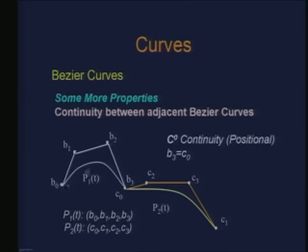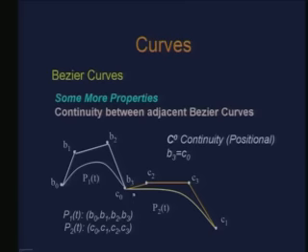So, this defines a curve P 1 t, this is one Bezier curve, and I have another curve defined using a set of control points as C 0, C 1, C 2, C 3, which is P 2 t.